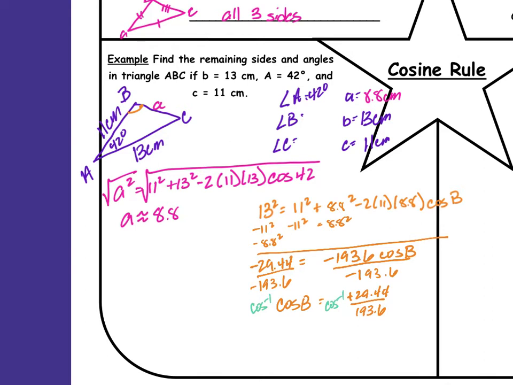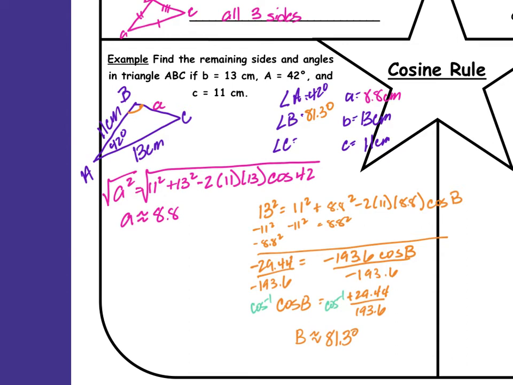So B is approximately cosine inverse of 29.44 divided by 193.6, which is 81.3 degrees.